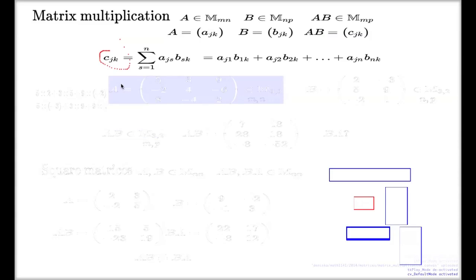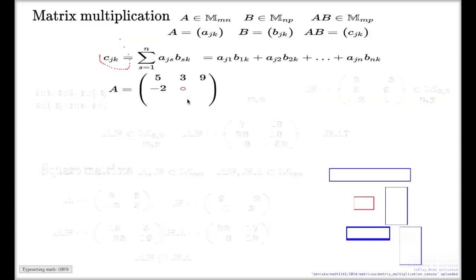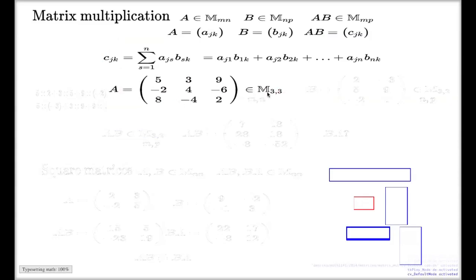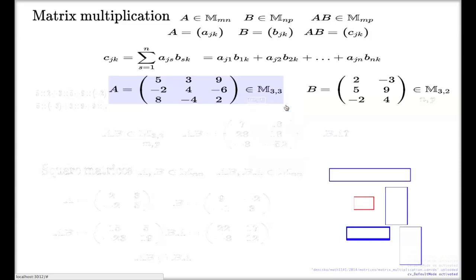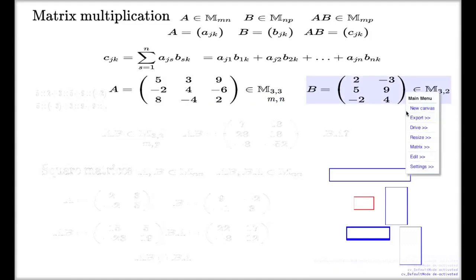Look at this. Here's the example. Again, the same two matrices, A and B, from my previous example, so you don't have to copy this. Here's my A and B. I will construct the product of these two. Here are my indices m, n, and here are my indices n, p.